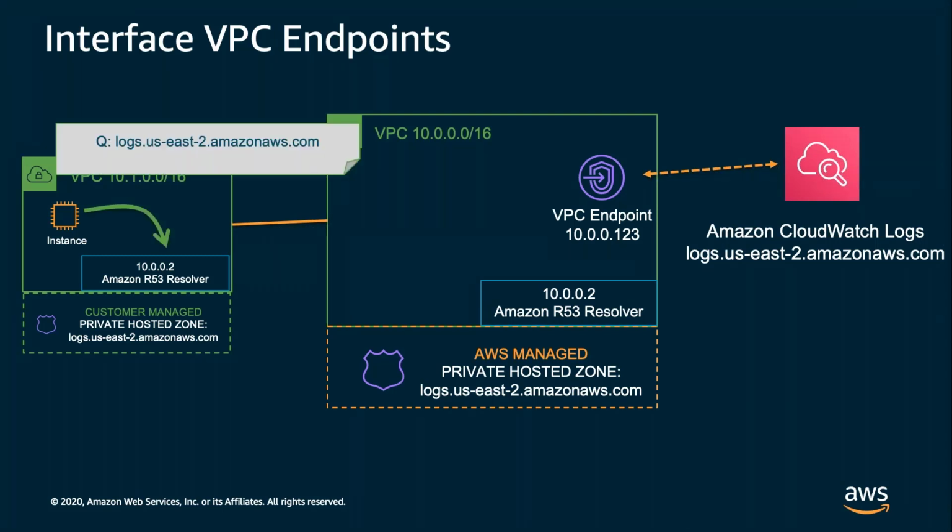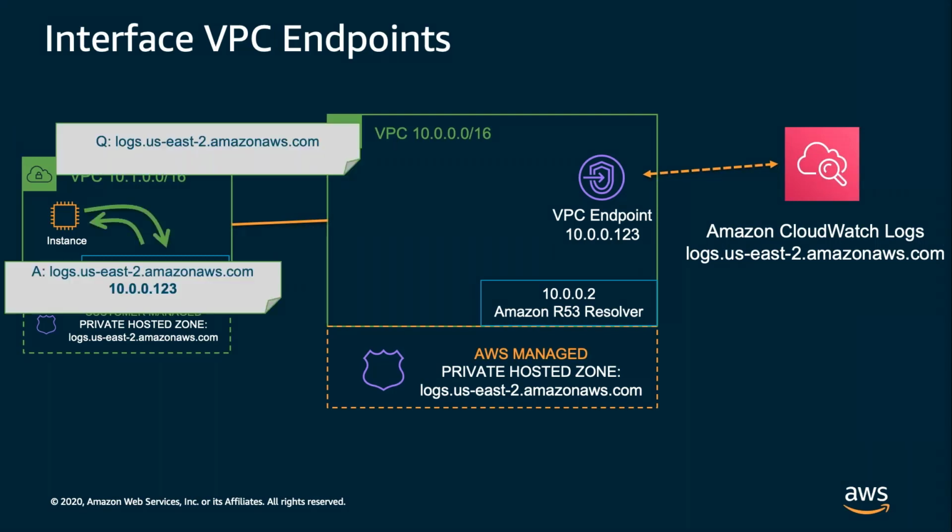So now when my instance resolves the hostname of CloudWatch, it gets the private IP address, and then it can access the service. Here, we just show a connection; this would be like VPC peering. It also works on premises, and we'll get into what some of those architectures look like. We also have a blog post on how to do this.